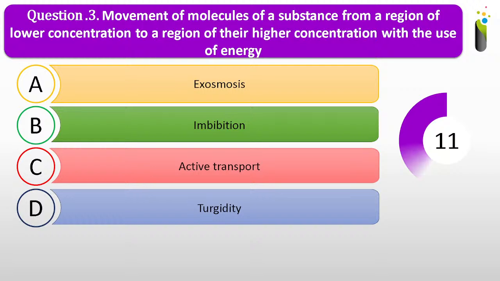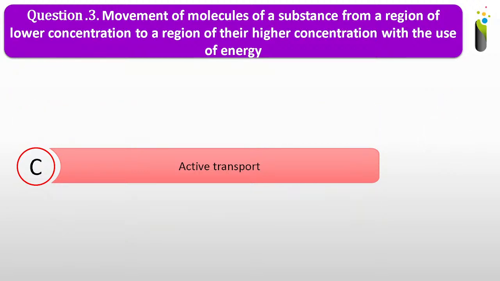So answer me. So the perfect answer for this is active transport. Please remember the transport mechanisms are of two main types, that is active transport and passive transport, of which the active transport is the one which is against the concentration gradient.